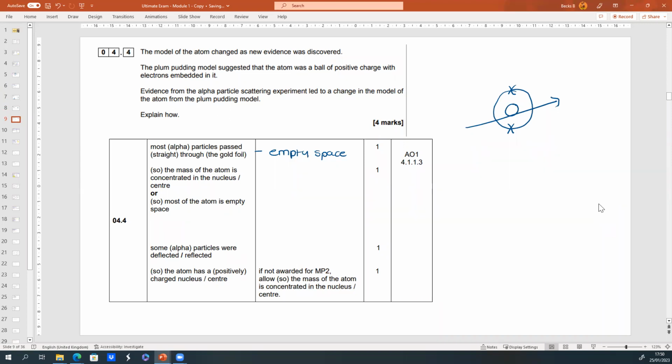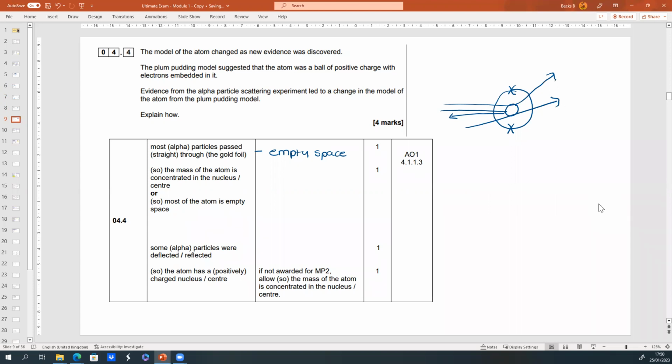And then talking about how some of them were deflected or reflected. If an alpha particle happened to hit the nucleus, where there were other positive charges, they're going to repel and bounce back. If it got close to the nucleus, again, it would repel, so we get some deflection.